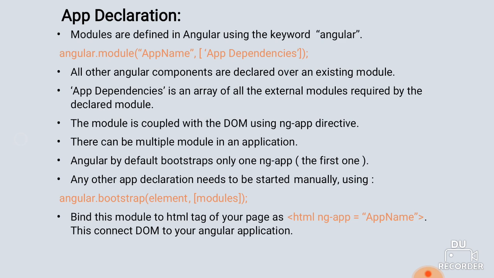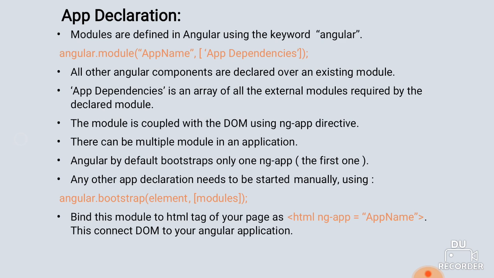We will quickly see what a directive is, but for now you can just take it as an attribute on an HTML tag, which takes the app name and then clubs your entire HTML with this app name module in Angular. Basically, we need not do this at the HTML node, and we can do it at any node of our choice, but the thing is that whichever node you attach this ng-app directive to, your Angular application works only till that node.